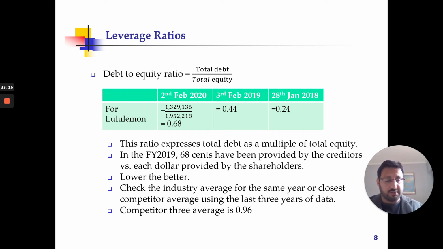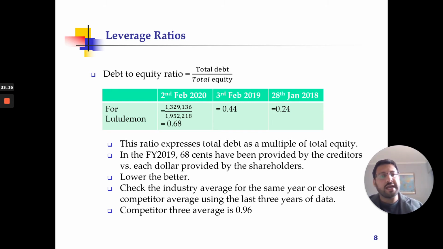These statements come from the balance sheet, so it's a snapshot of 2nd February 2020, and on 3rd February 2019, 44 cents were provided by the creditors for every dollar invested by the shareholders.